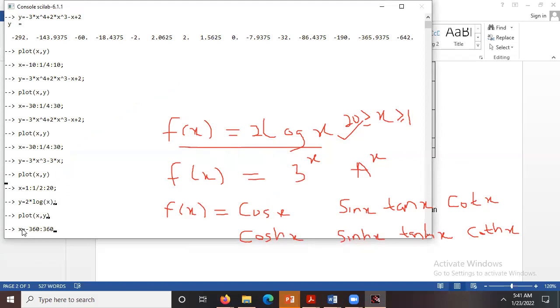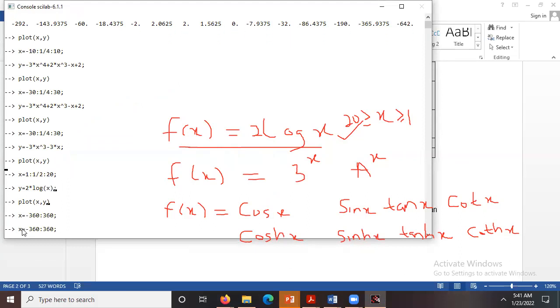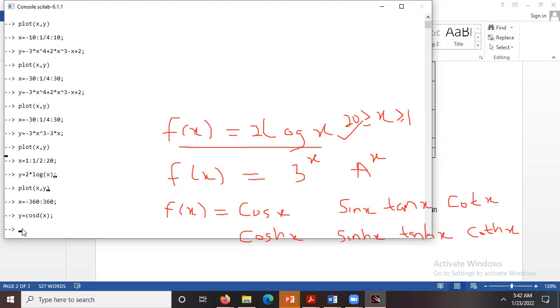I'll suppress the output. Then we want y to be equal to, let's say, cos of x. We keep the output. Then I want to plot x, y.